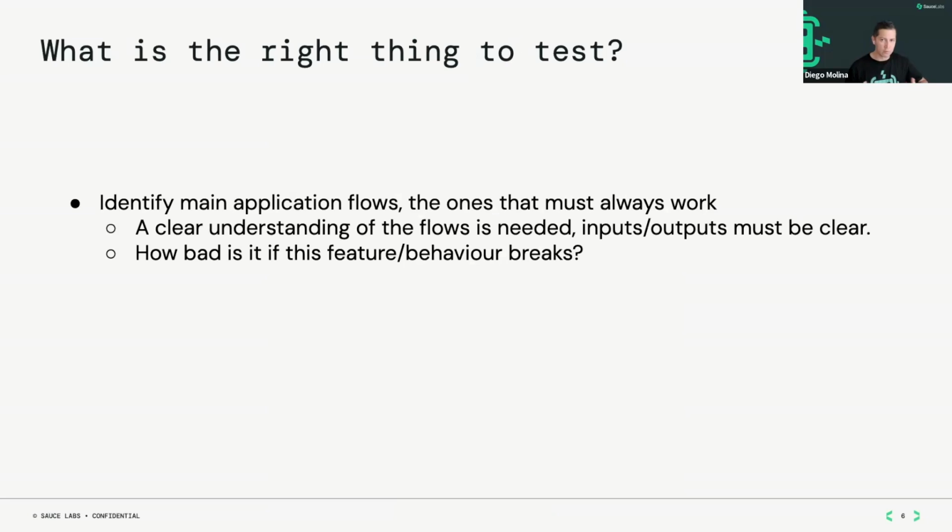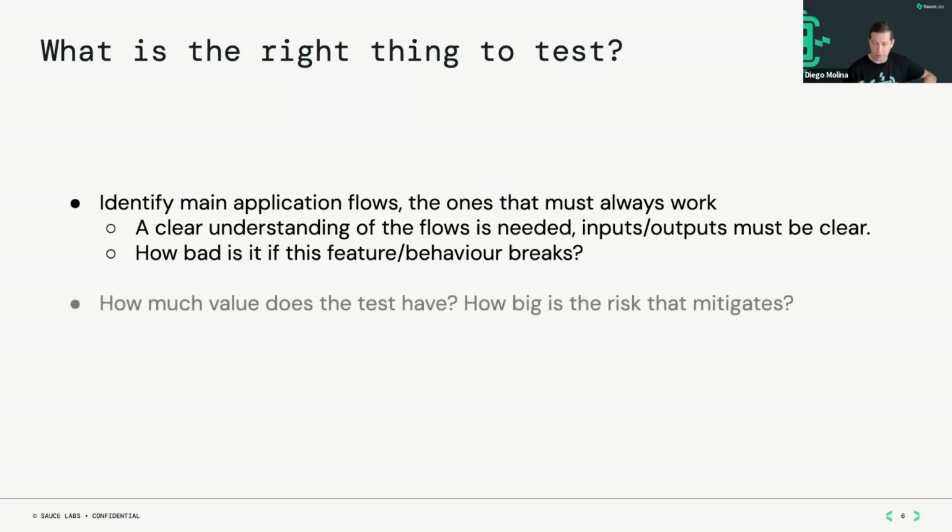The easy way to find those things is to ask what is going to make us lose money if it breaks, if that special feature breaks. The typical example is if the checkout breaks, then we didn't get any money, right? So there is a balance between how much I need to test and how big is the risk that test will mitigate.